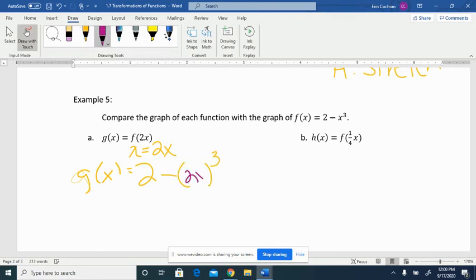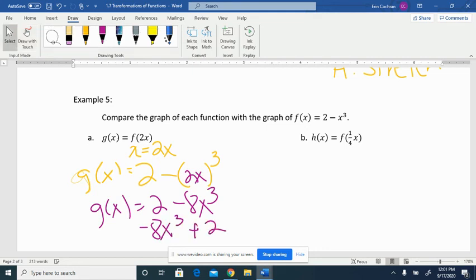This 2x. So g of x will equal 2 minus 2x cubed, which would be 8x cubed. Now I'm going to rewrite this as negative 8x cubed plus 2.